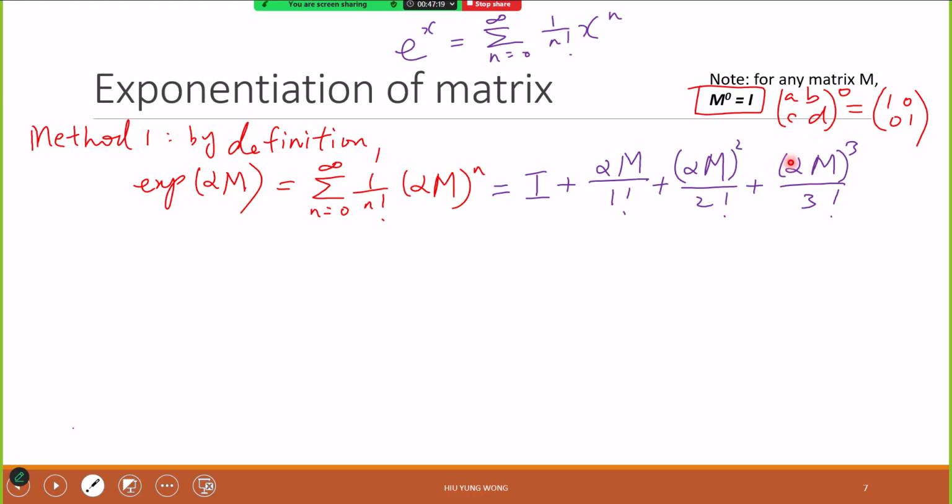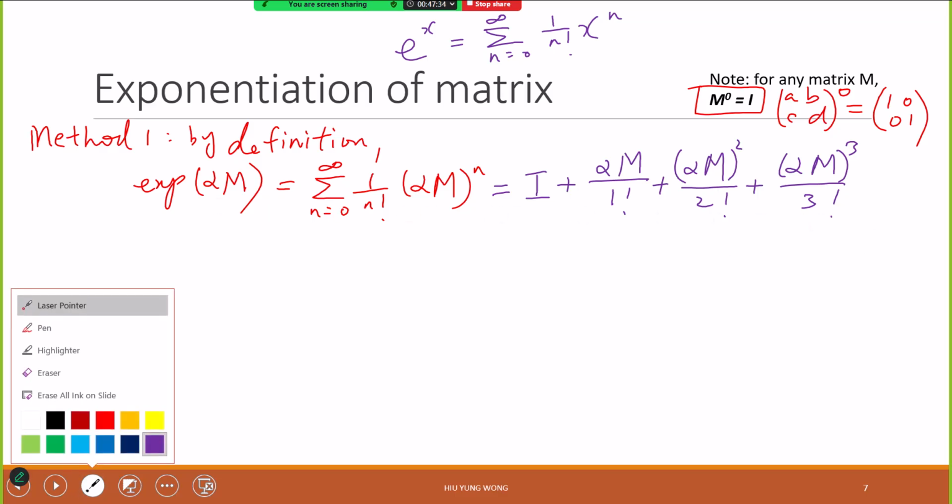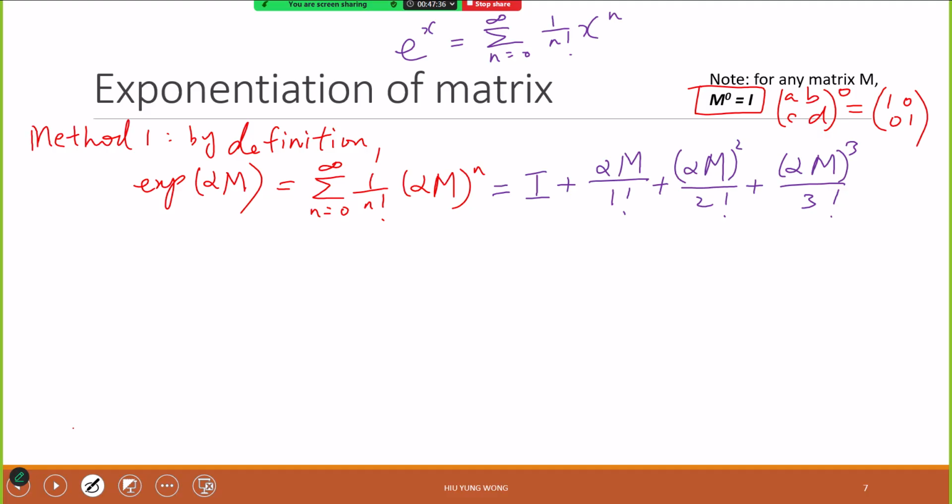Right? And because alpha is just a number, this is just equal to alpha to the power 3 times M to the power 3. You just multiply the matrix 3 times. Okay, so that is the definition. So you can use this to evaluate any matrix.